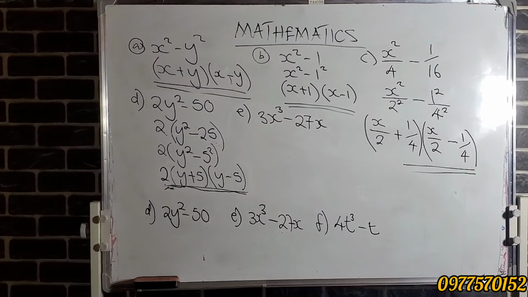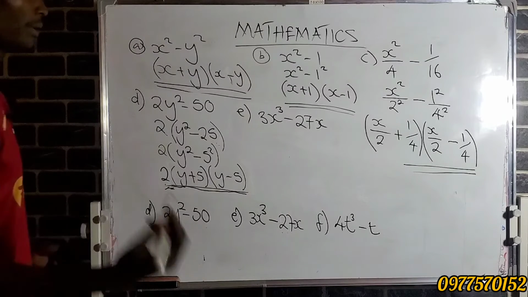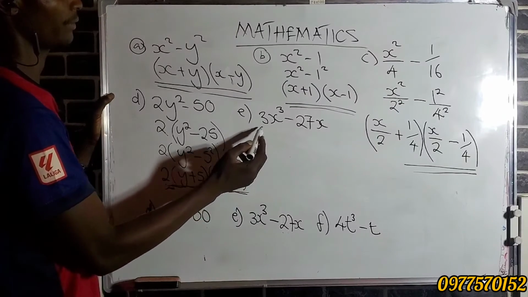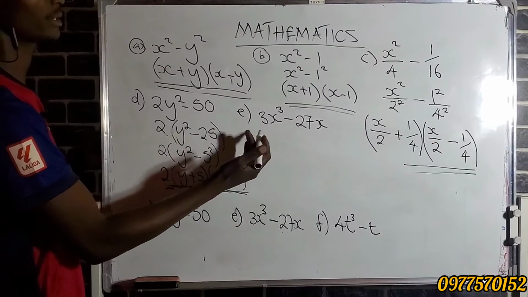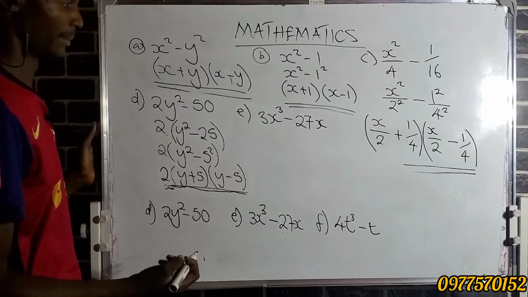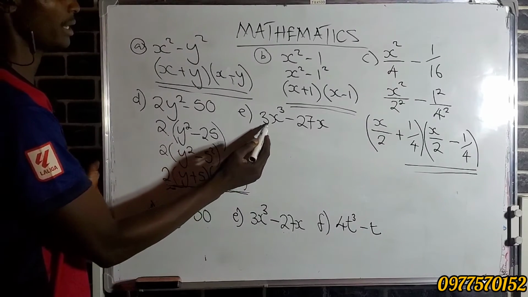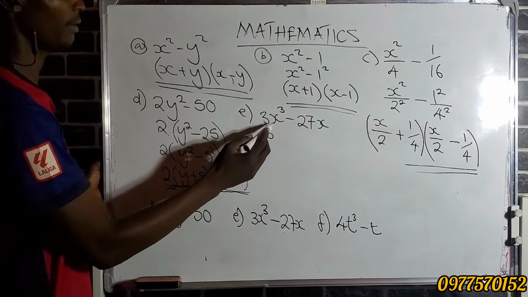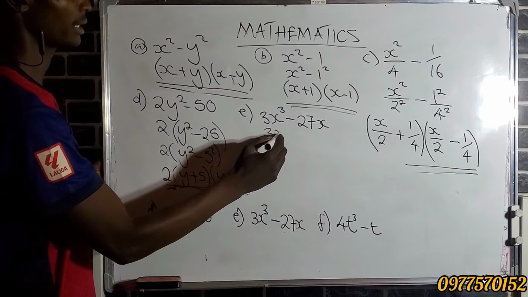Okay, so solving question E here, we're going to look for a common factor. We know that this expression here is not the difference of 2 squares, as it appears here. 3 can go into 27, right? Yes. So you can write 3. Also, x is common, right?